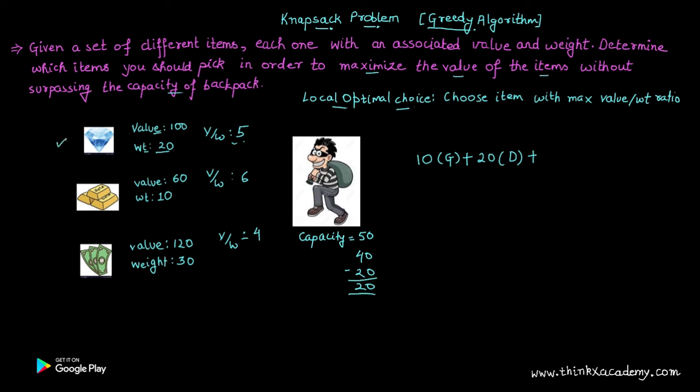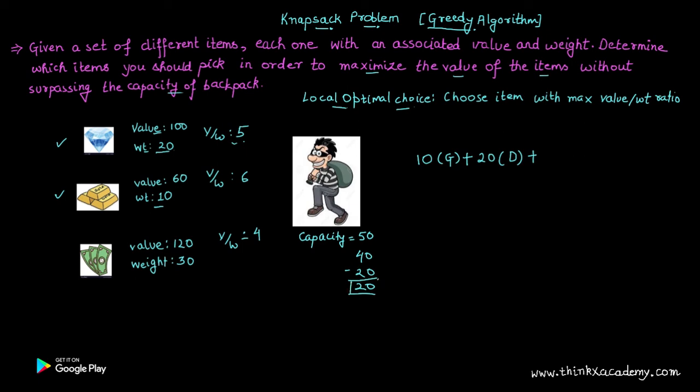He has picked up all the diamonds and all the gold, and he has made an optimal choice. You can see that the value by weight ratio will lead to a global optimal choice. So he will have a maximum value of the items, and the capacity of the backpack should not be exceeded.